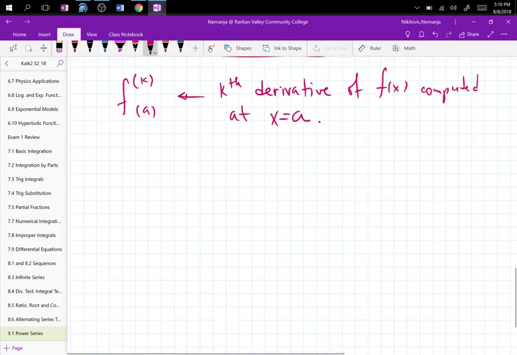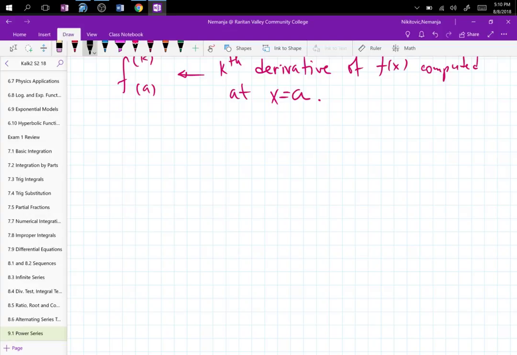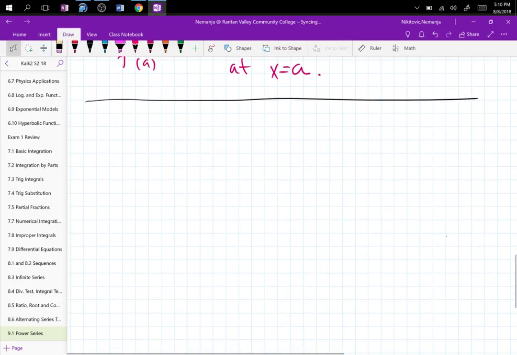All right, great. Let's work this out for sine, and I hope you will go home and do cosine on your own to practice. This would be a standard problem for an exam. So expand e to the x, expand sine x, expand cosine x squared, and these kinds of things. It's actually extremely easy. So let's go. I define my function as sine x.